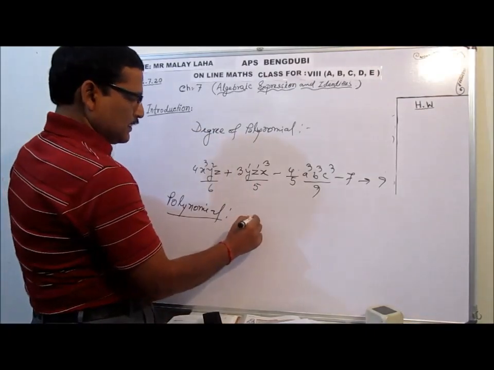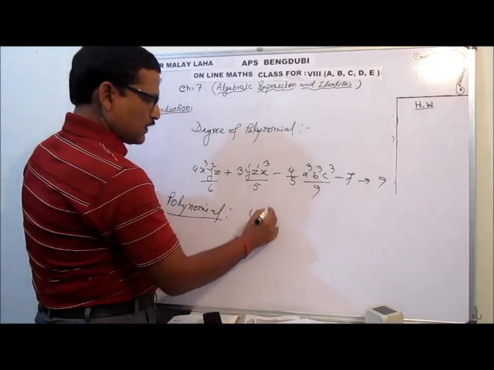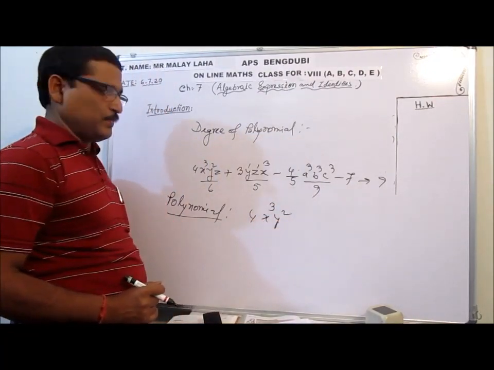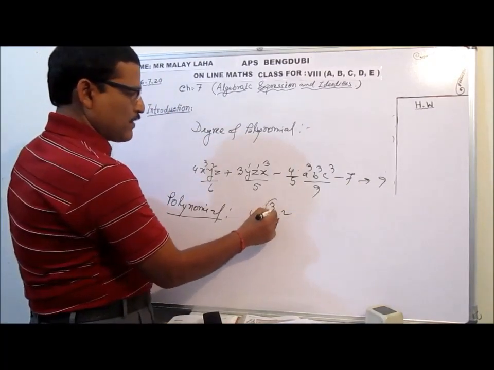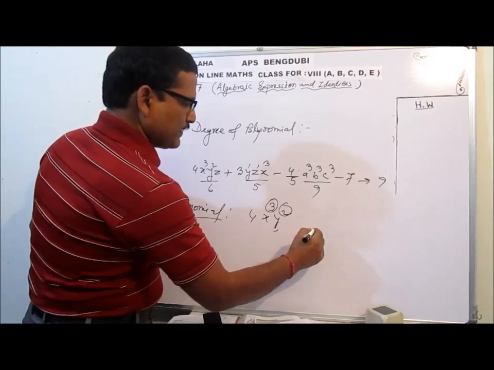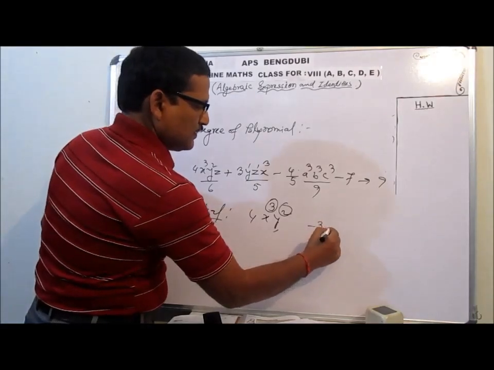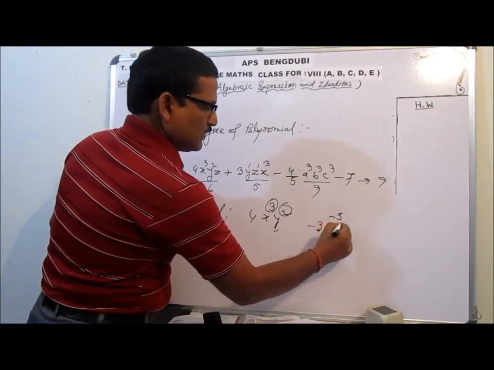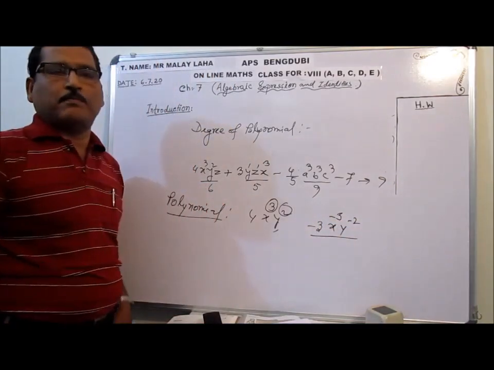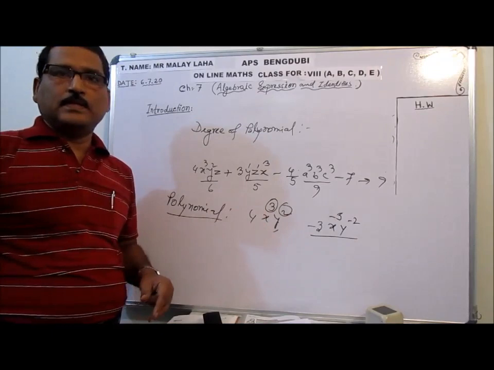That means 4x cube y square is a polynomial because you see the powers of these variables are positive. But here minus 3x raised to 3, y raised to minus 2 is not a polynomial. The power of the variable is negative.